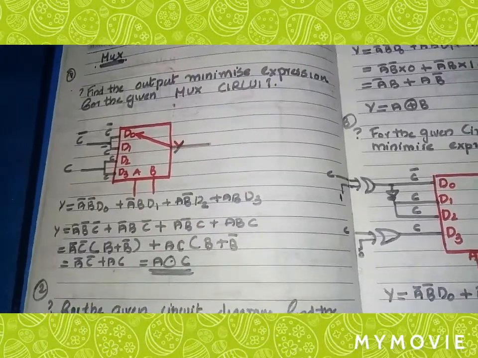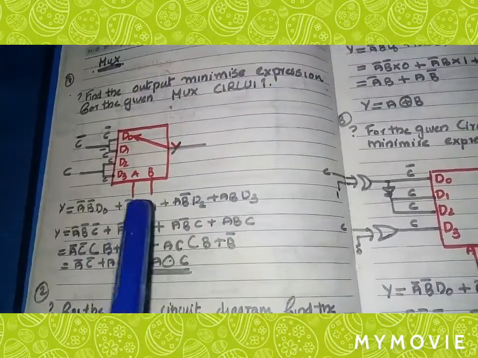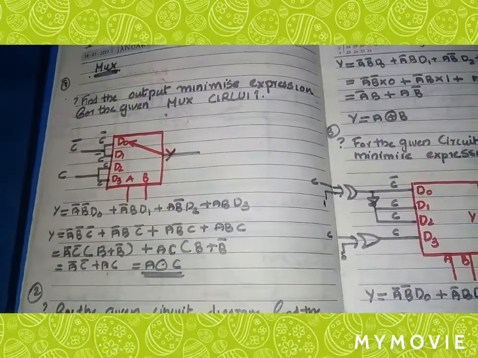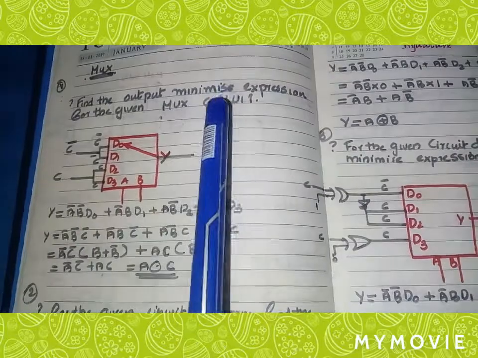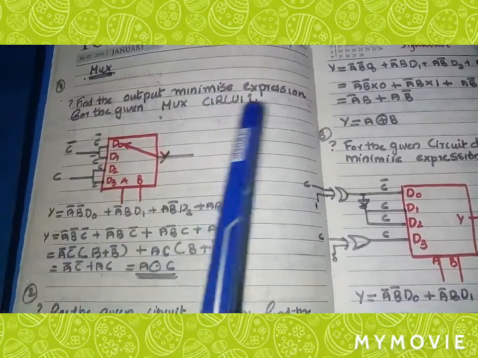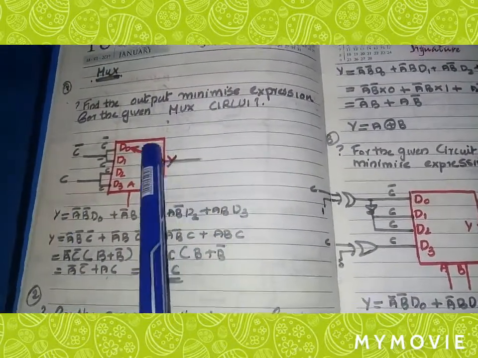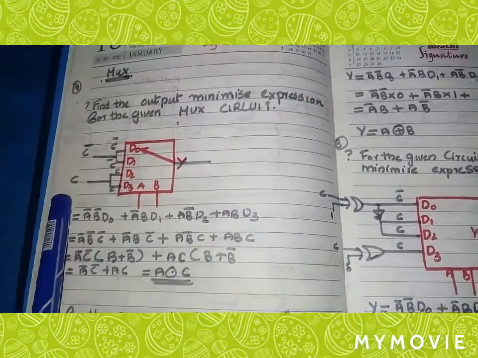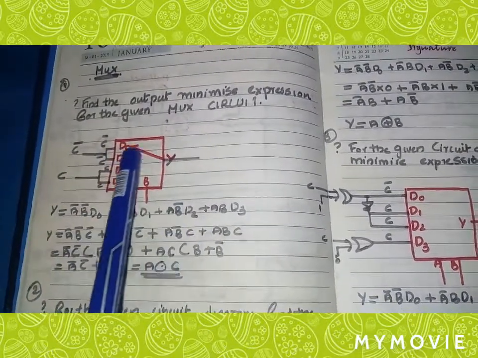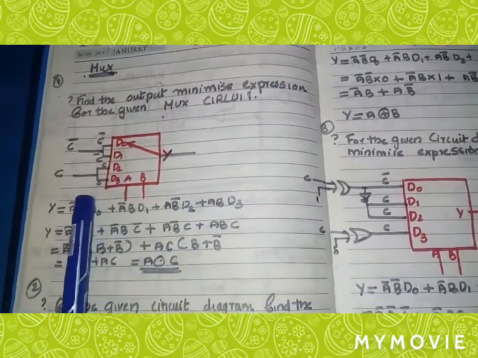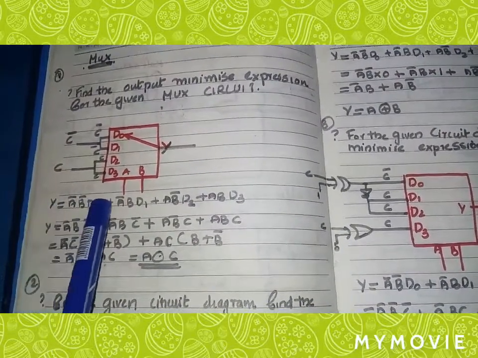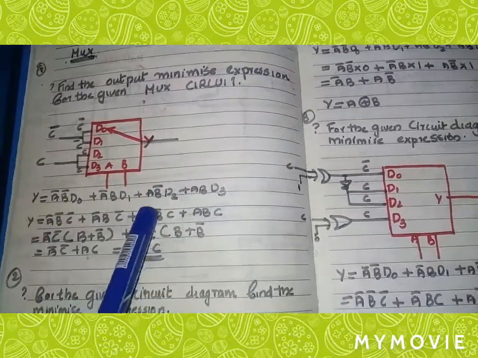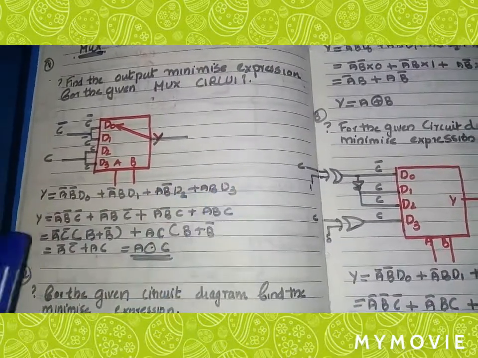Here we are going to study some mux problems, that is, to find out the output by minimizing expressions for a given mux circuit. Consider the figure, that is C bar and C. It is a 4 input multiplexer. So we know the output Y is equal to A bar B bar D0 plus A bar B D1 plus A B bar D2 plus A B D3.